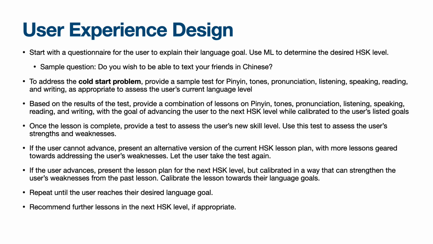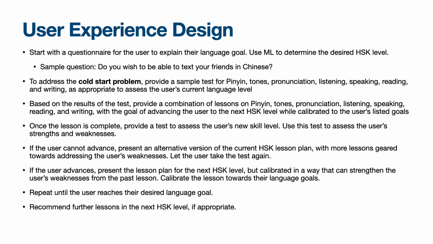If the user cannot advance, then they'll have to repeat the lessons at the current HSK level, but the lesson plan would be modified to help the person improve on their weaknesses. If the person advances, then they'll be presented with the lesson plan for the next HSK level, but the lesson plan would still be catered towards the person's language goals and their skill level.